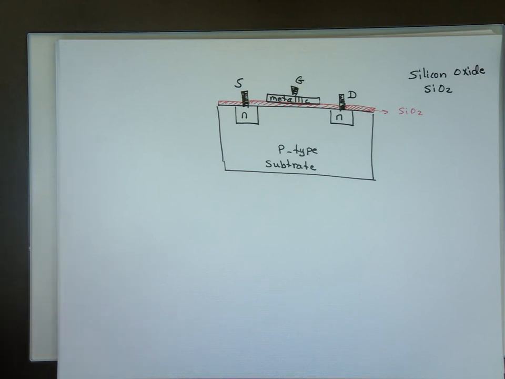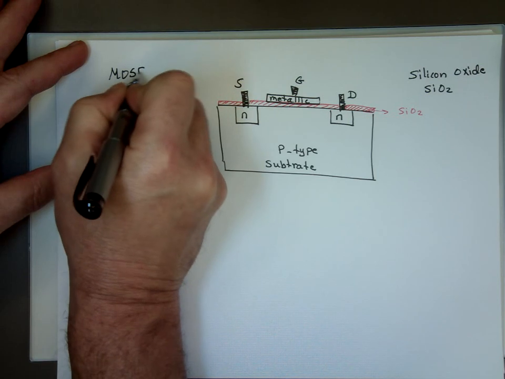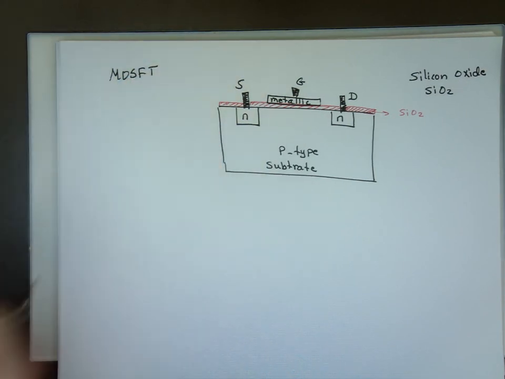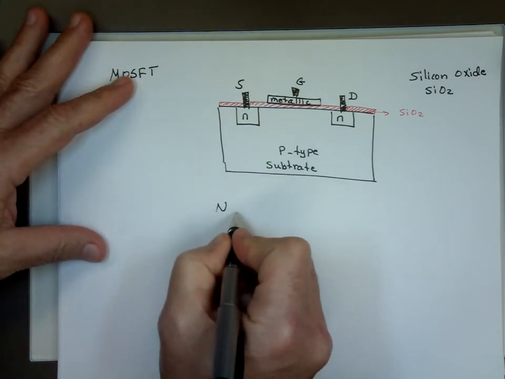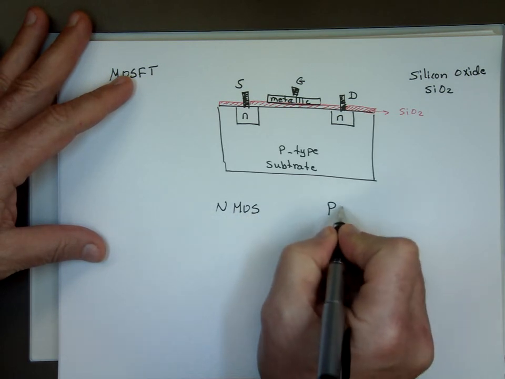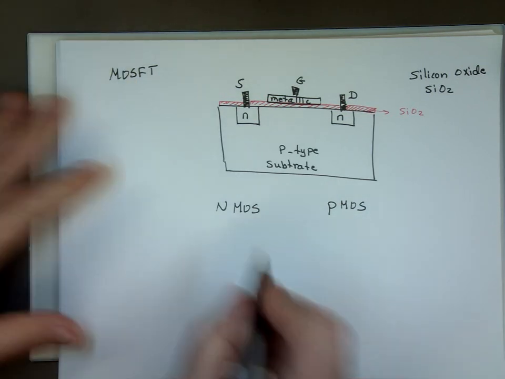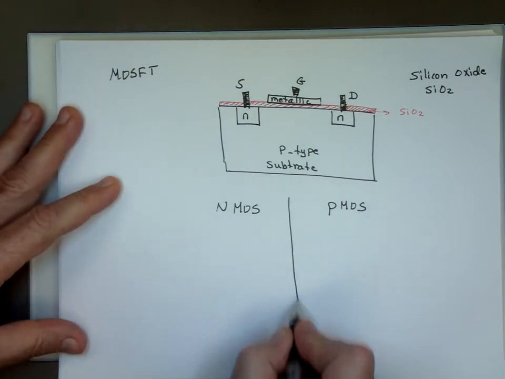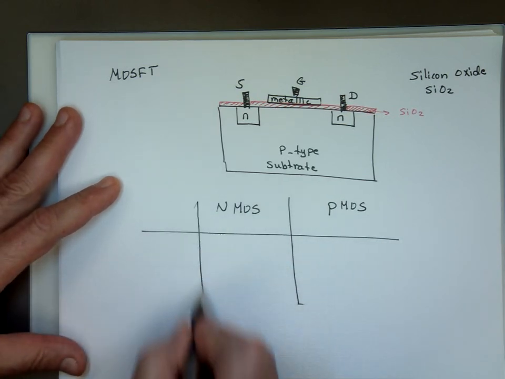So now MOSFETs can be broken down into two types, well actually four types if you want to be technical. One we call the NMOS, the other one the PMOS, negative and positive. And they can also operate in two modes.